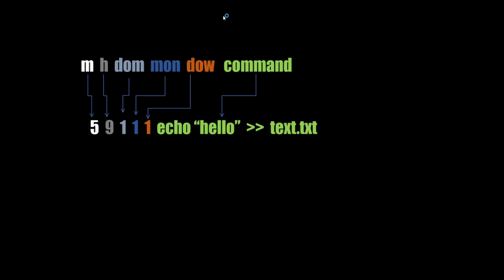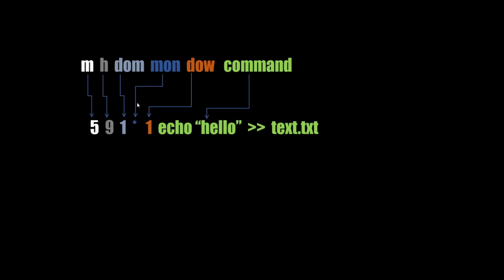Let's have some more leniency in the command. I'm executing the same command but with some change. The change that I'm talking about is that we use asterisk, in the sense, if you want to mention every month, asterisk takes the value of everything.